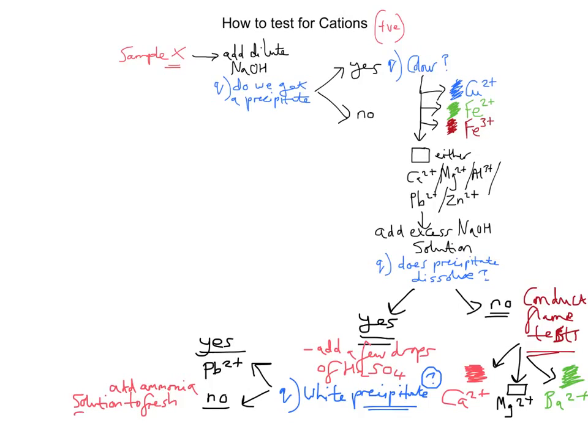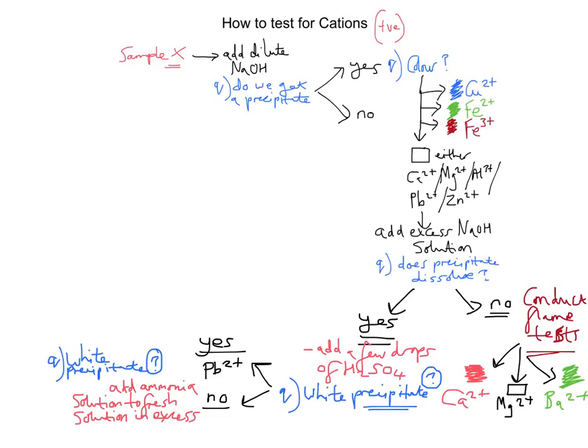The important thing there is that it's in excess. Then we're going to look for a white precipitate. So at that point, once again, we need to question, do we have a white precipitate?